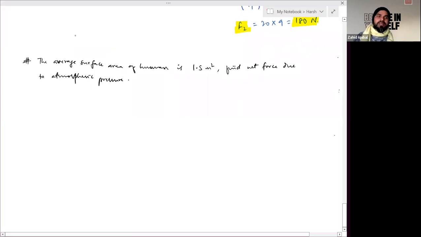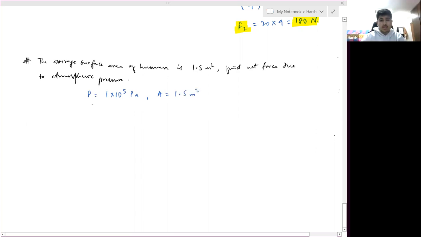Now, in the last class, I defined the value of atmospheric pressure. It was P equals 1.013 into 10 to the power 5 Pascal. We may write 1 into 10 to the power 5. Area of cross section for a normal human being is 1.5 meters square. So force will be equal to pressure into area.